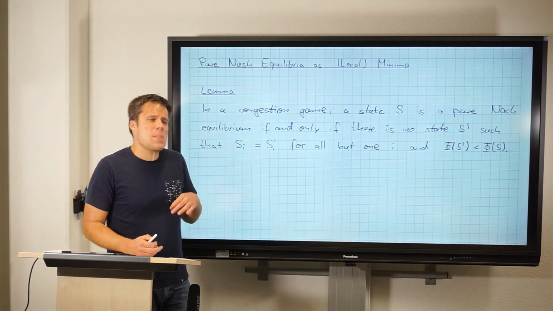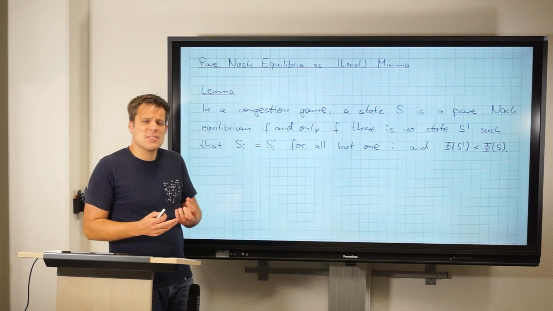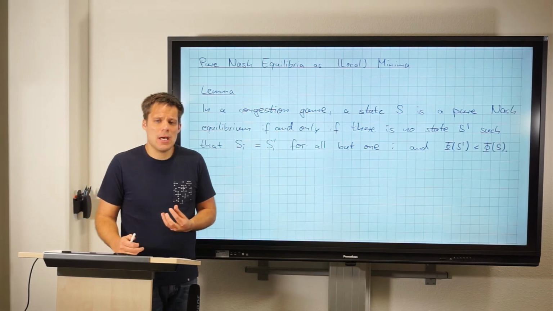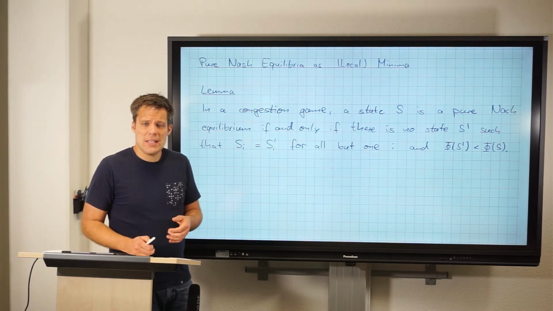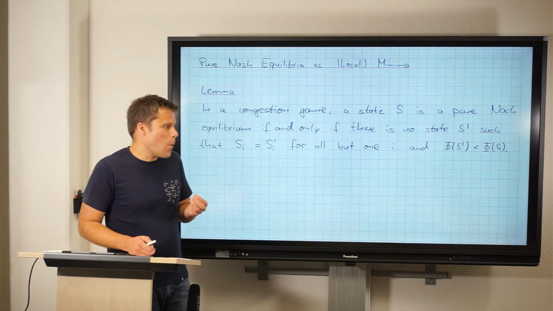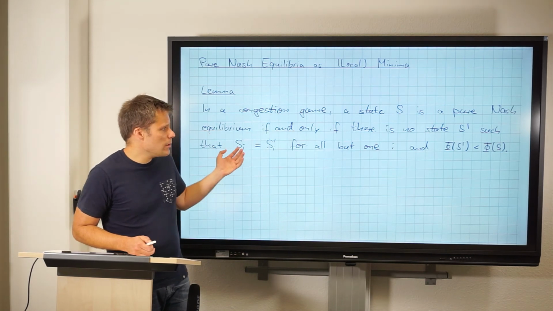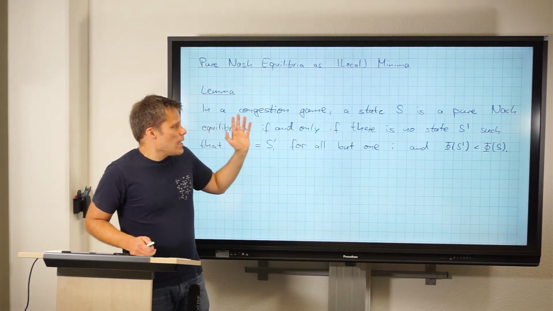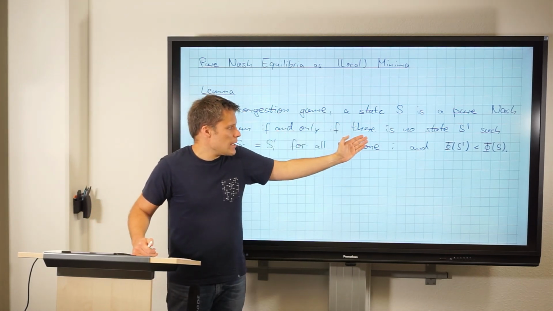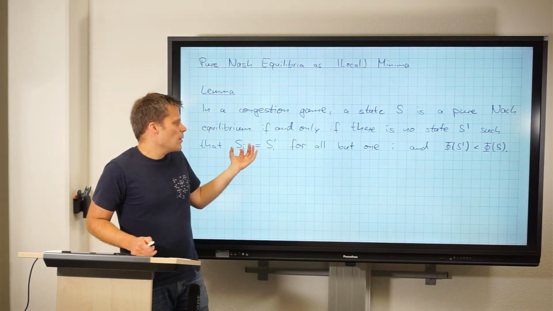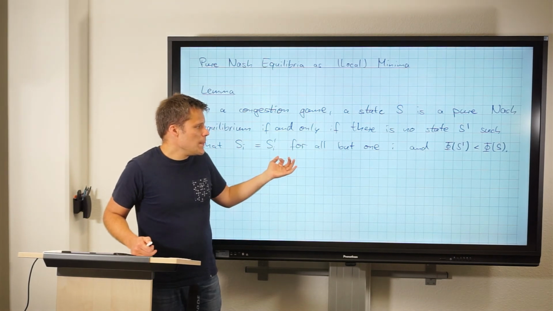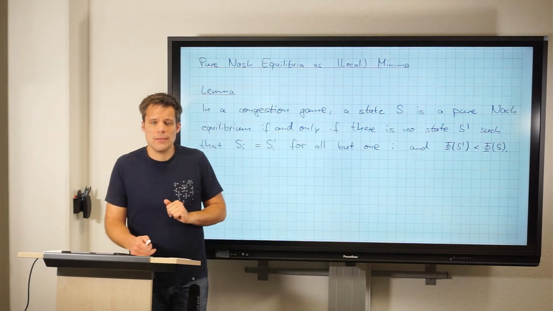There is no better state S prime within some neighborhood of S. And we define the neighborhood now as the set of all states S prime which are the same except for what one player does. So this is what we wrote down here. State S is a pure Nash equilibrium if and only if there is no state S prime such that all players except for one player do exactly the same and the Rosenthal potential decreases.